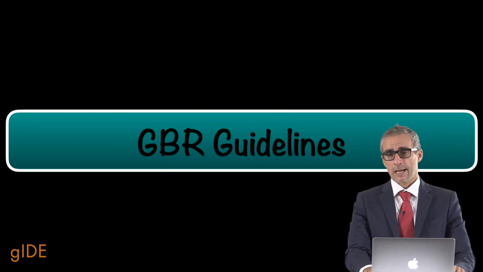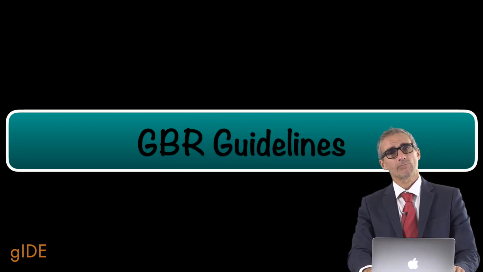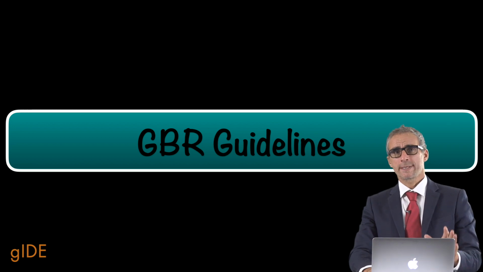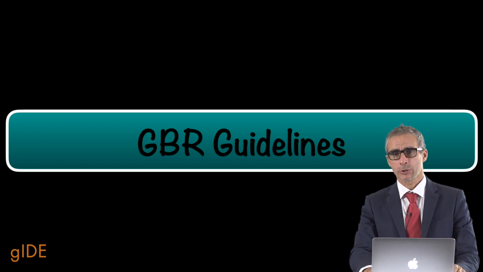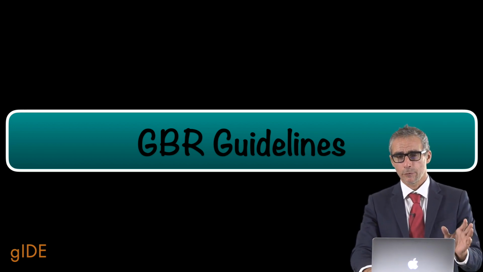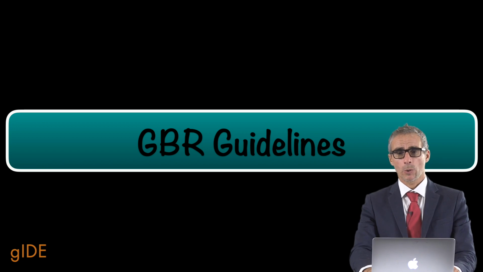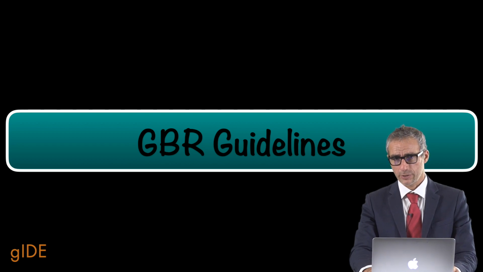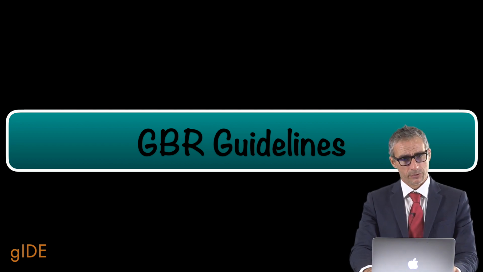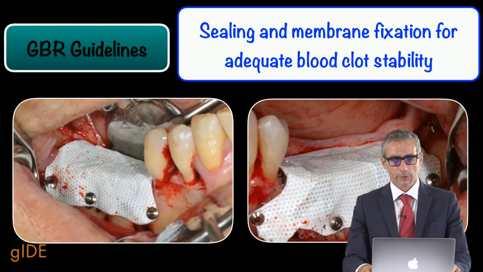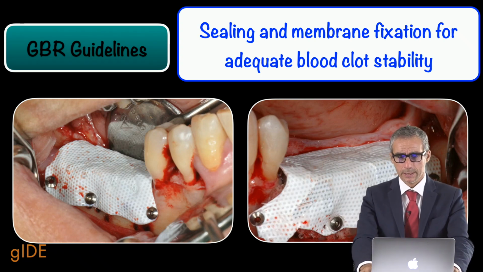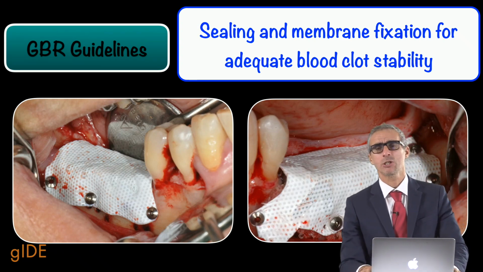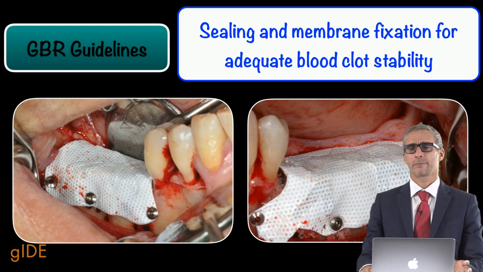The GBR guidelines are the rules that the surgeon has to follow in order to guarantee the predictability of the surgical treatment. The first is the stabilization of the blood clot.